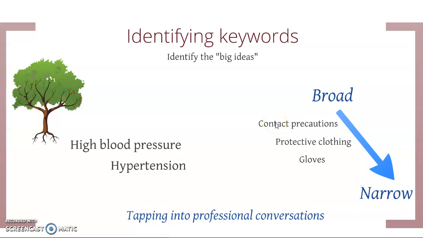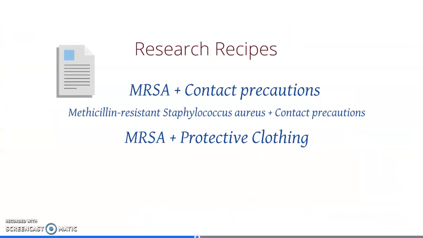Remember, look closely at the words you're choosing, and if for some reason you're not finding the resources, play around with the different words and think of what terms the professionals might use when looking for this information or writing about this information. When beginning my research, a lot of times I'll pull out a piece of paper and write down some of the terms or concepts that I might use in my search.